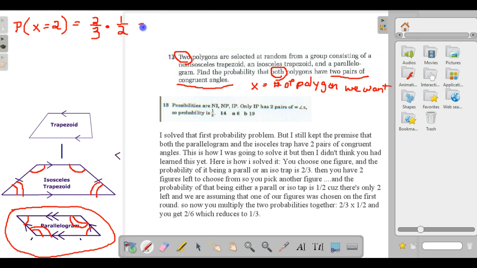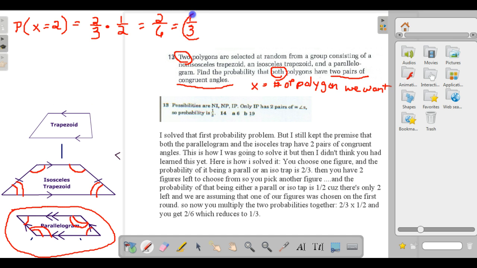Then we multiply those probabilities to get the total probability of both of them being chosen. And that's going to be a smaller probability than each of these 2 separately, which would make sense. To have both of them chosen should be a smaller probability than just one or the other. So let's see if that's true. We have 2 times 1 is 2, and 3 times 2 is 6, which reduces to 1/3.